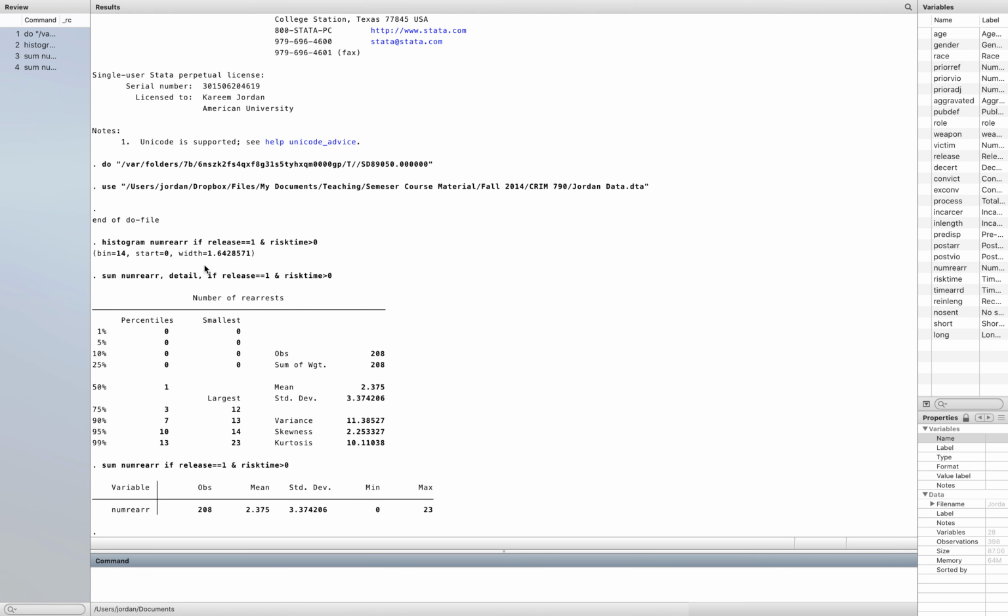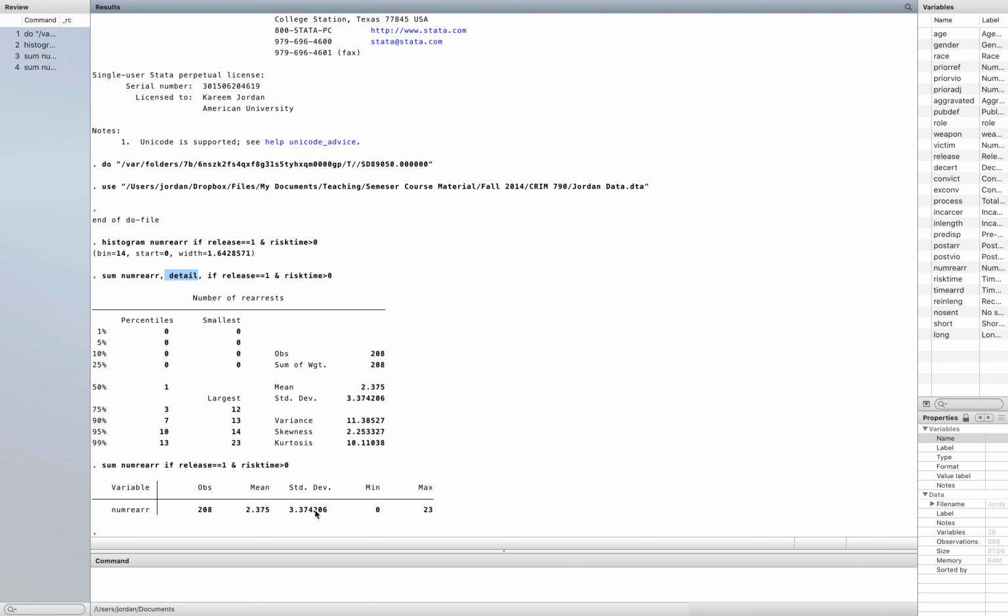If you take the detail off, so just sum, the number of rearrests, and the if function, then you'll see the mean of 2.375, the standard deviation 3.37, and the variance is the standard deviation squared. So if you square 3.374206, you'll get the variance, which is 11.38527.